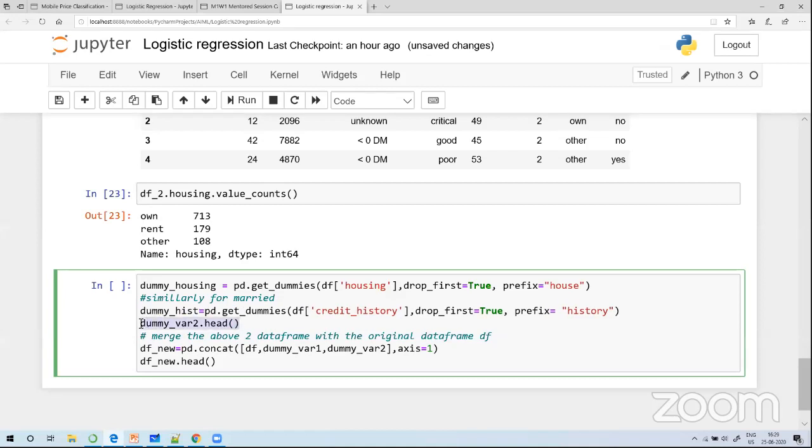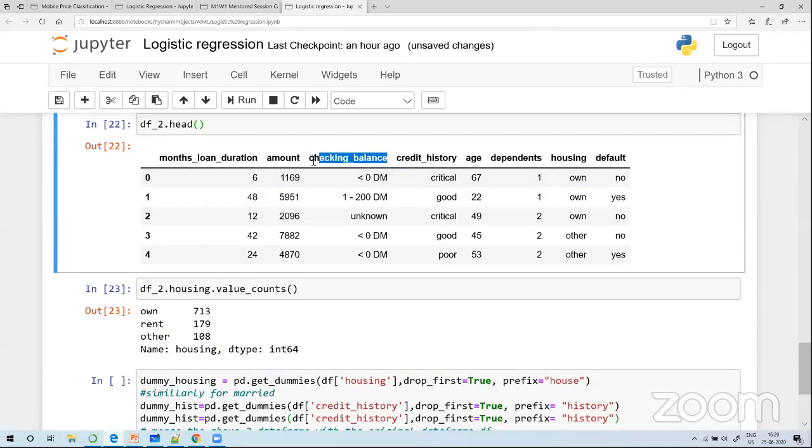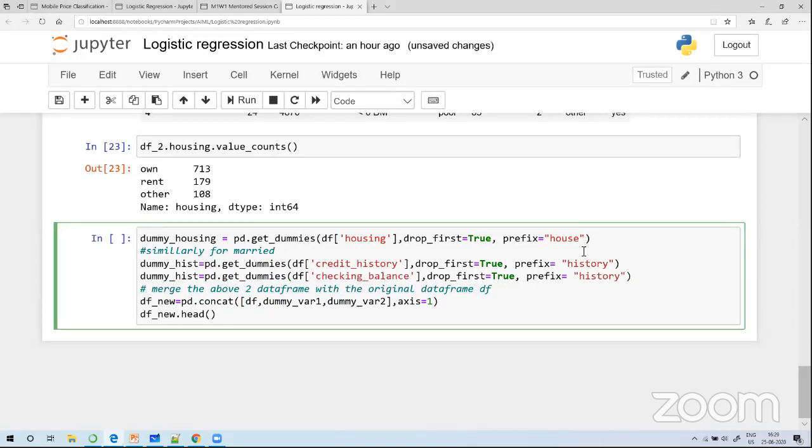And the third one which we are going to create is checking_balance. So we are going to create one more dummy for checking_balance. I would call this as balance. Now you get this one. Let's rename this as BAL. So we got 3 dummy variables and we are going to combine them.